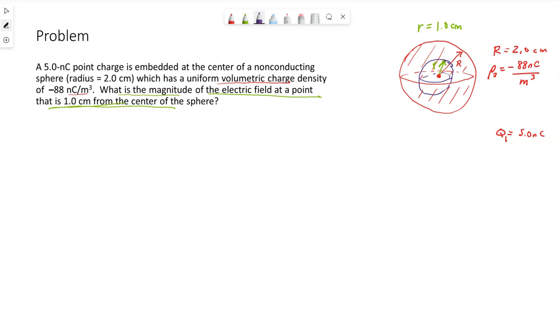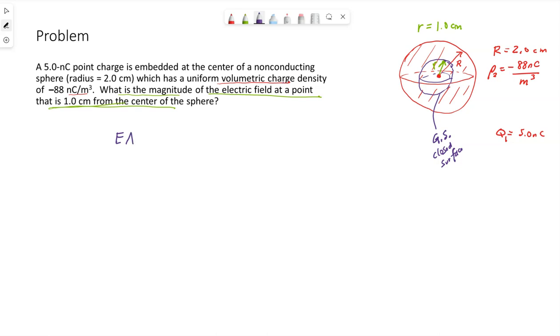So this purple sphere is my Gaussian surface, my closed surface that I am talking about the flux through.